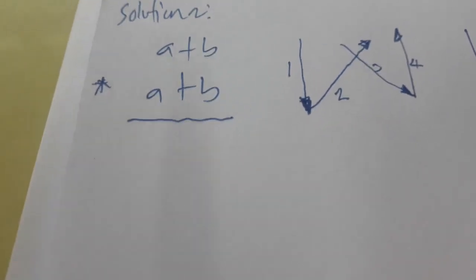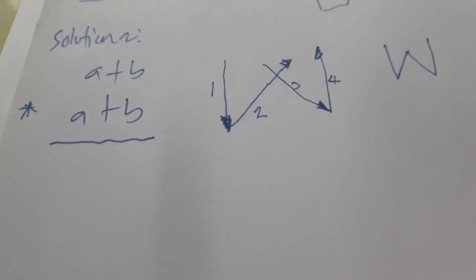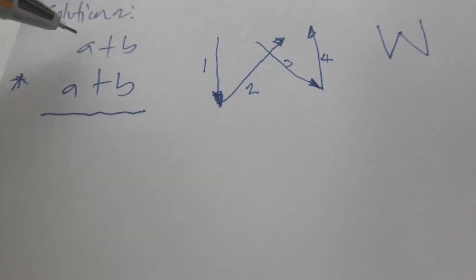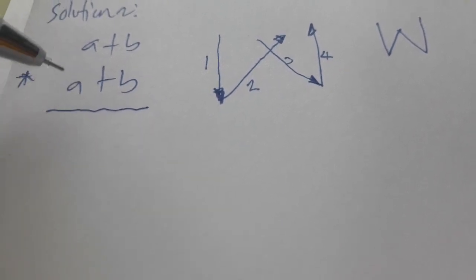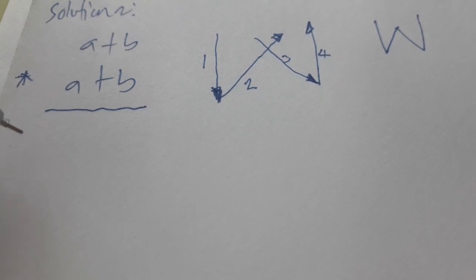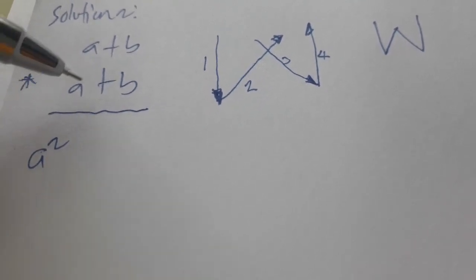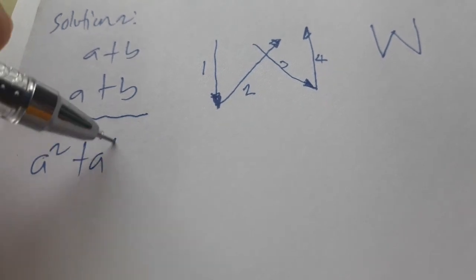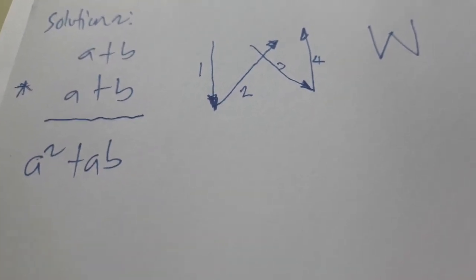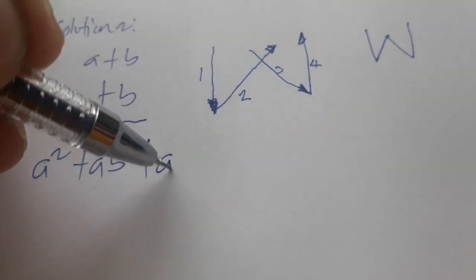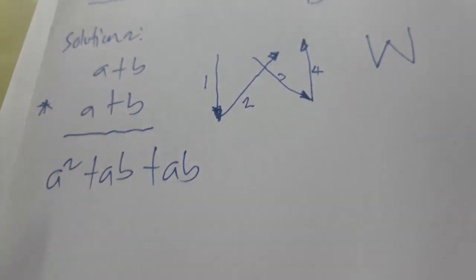So in this case, we have that W method pattern, starting with a times a. Just follow the stroke: a times a is a squared. The second stroke is a times b, we have ab. The third stroke is a times b, ab again.